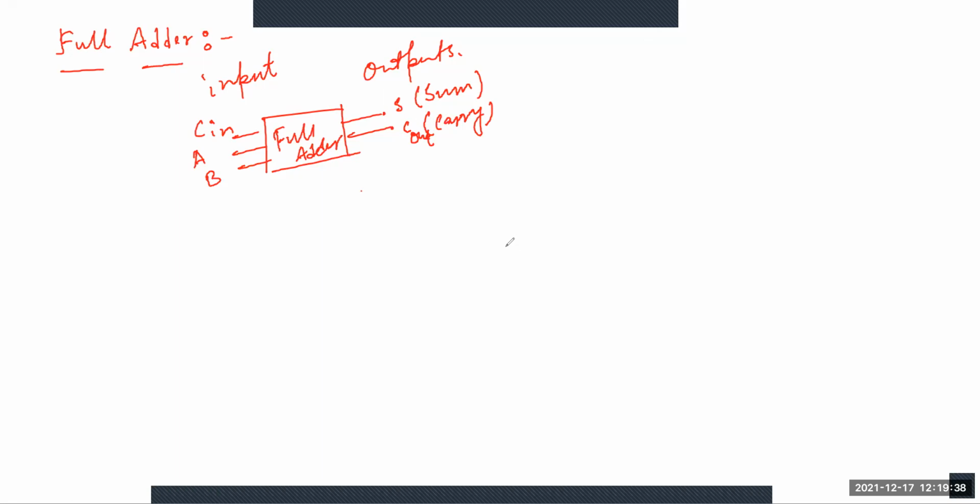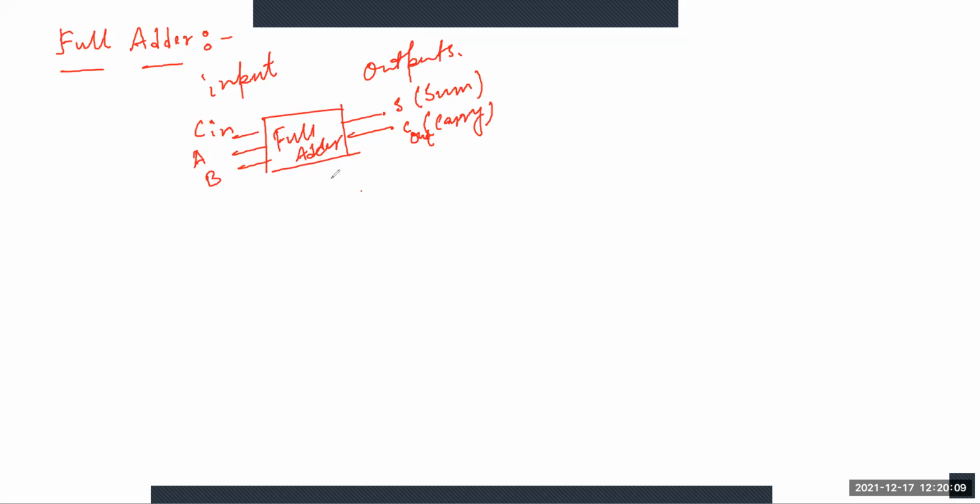Hello, yes sir. But in the full adder we see here 3 inputs, A, B and C in, and the outputs are 2, that is S for sum and C out for carry. In the case of the half adder, there is no provision to add a carry coming from the lower order bits. Lower order bits means A and B here. So when multiple addition is performed, the half adder is not suitable.